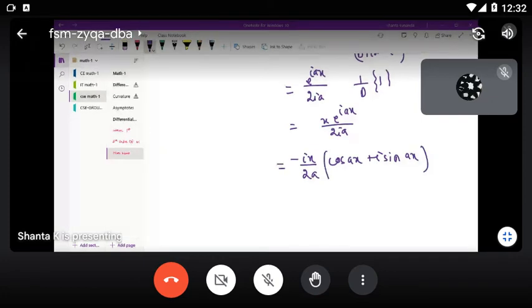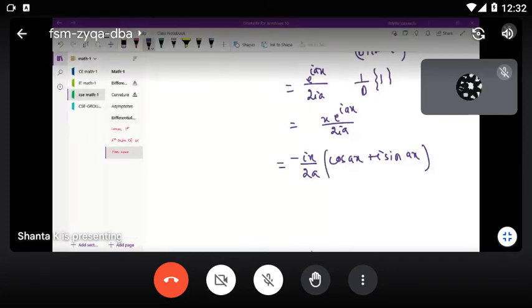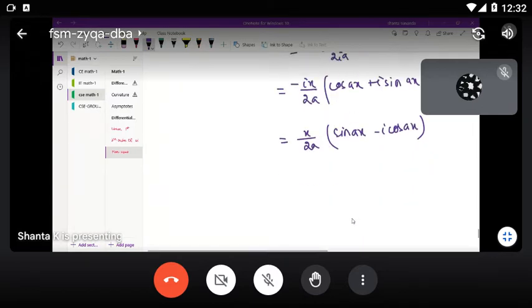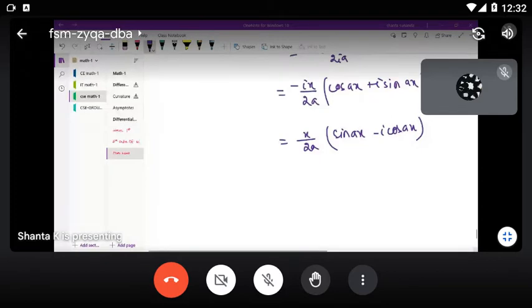And if you want this i, you can multiply. So it will be x by 2a times sin ax minus i cos ax. This is minus i, so it will be sin ax minus i cos ax. So here you can see the imaginary part and real part.